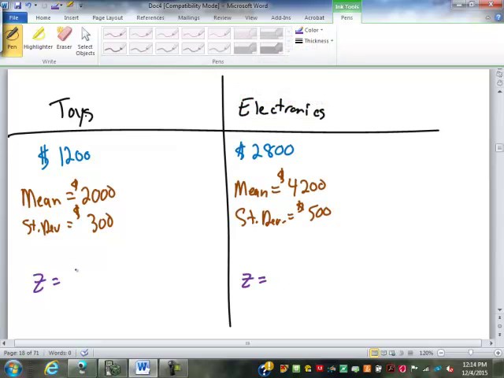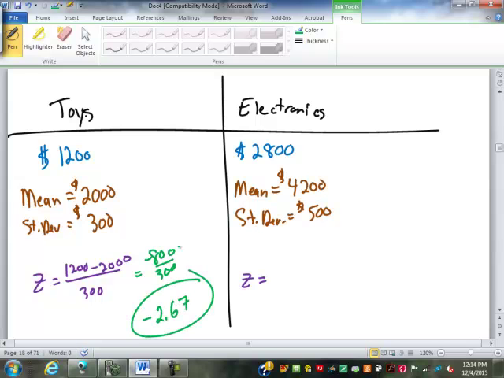So for toys, 1,200 minus 2,000 over 300. 1,200 minus 2,000 is a negative 800. Divided by 300 is a negative 2.67. So that associate was 2.67 standard deviations below the mean. That's what the negative means.